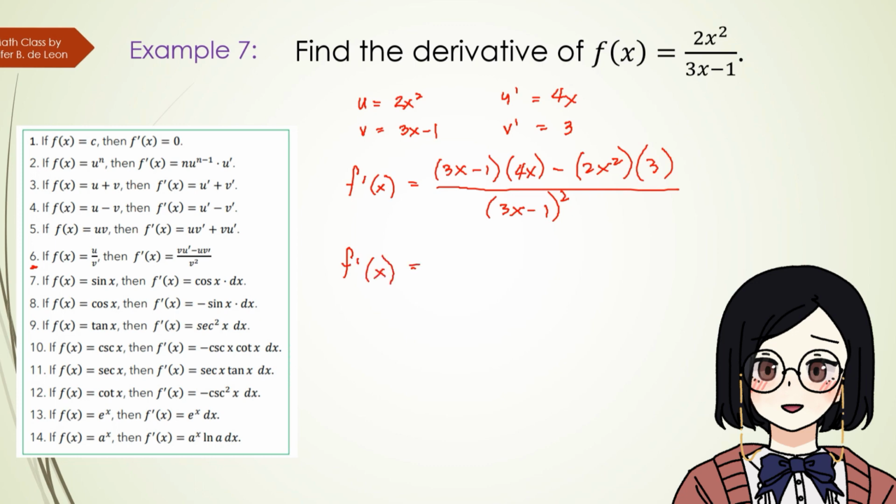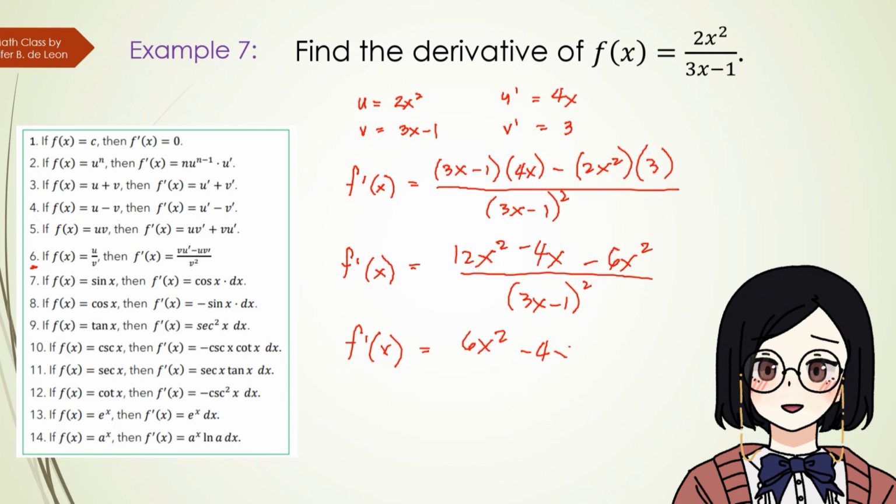Now apply distributive property. We will have 12x squared minus 4x minus 6x squared all over the square of 3x minus 1. Okay, we combine similar terms. Then we will have 6x squared minus 4x all over the square of 3x minus 1.